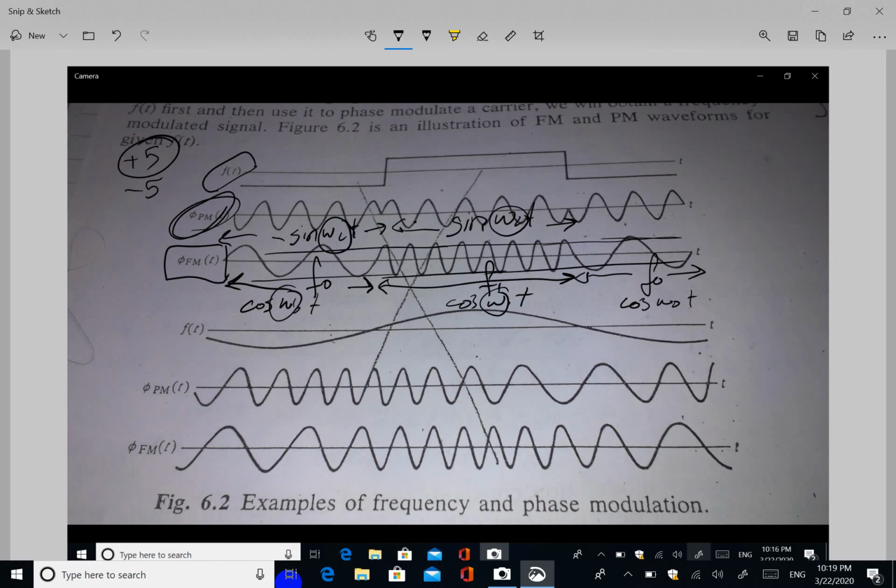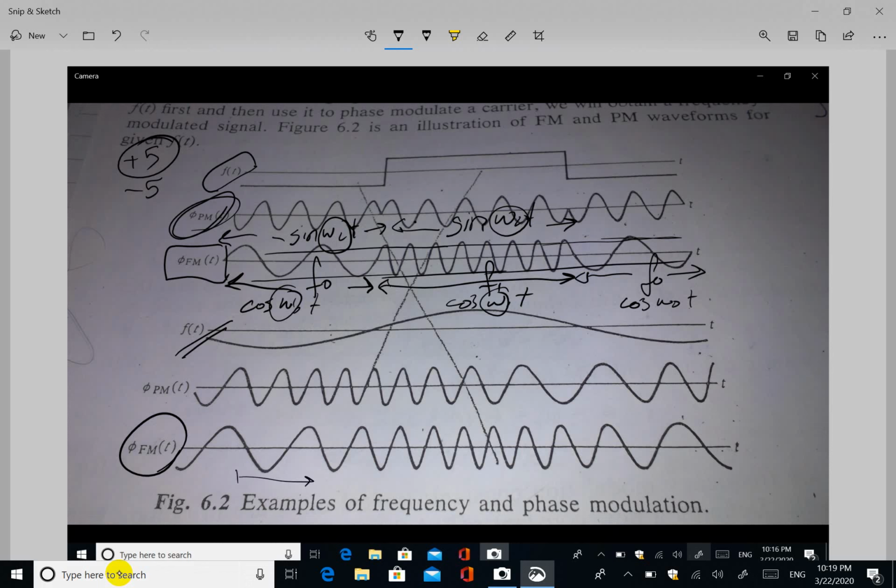Now let's talk about not a digital signal but an analog signal. Look at this. This is an analog signal, a sinusoidal signal, but with a frequency much less than the carrier signal. For FM, for example, when the amplitude is decreasing, the frequency is decreasing.